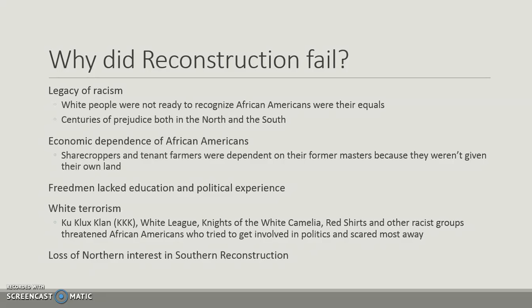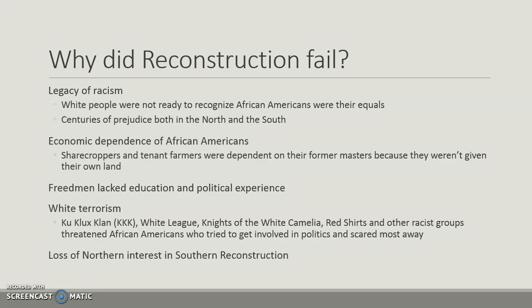At this time, the North is also going to lose interest in Southern Reconstruction and helping the South. We are going to get, at the end of the 1800s, a huge immigration influx. People from all over Europe are going to start pouring into the United States, and the North is going to have this large population boom.